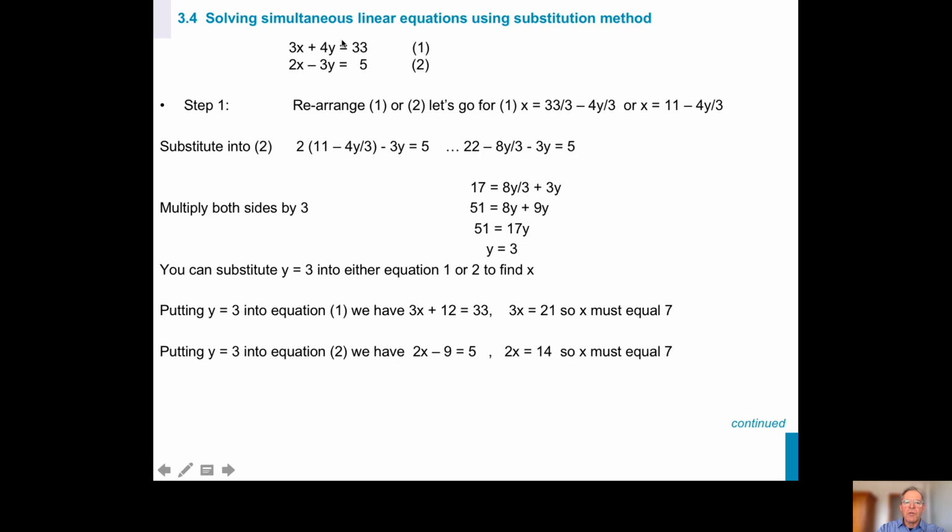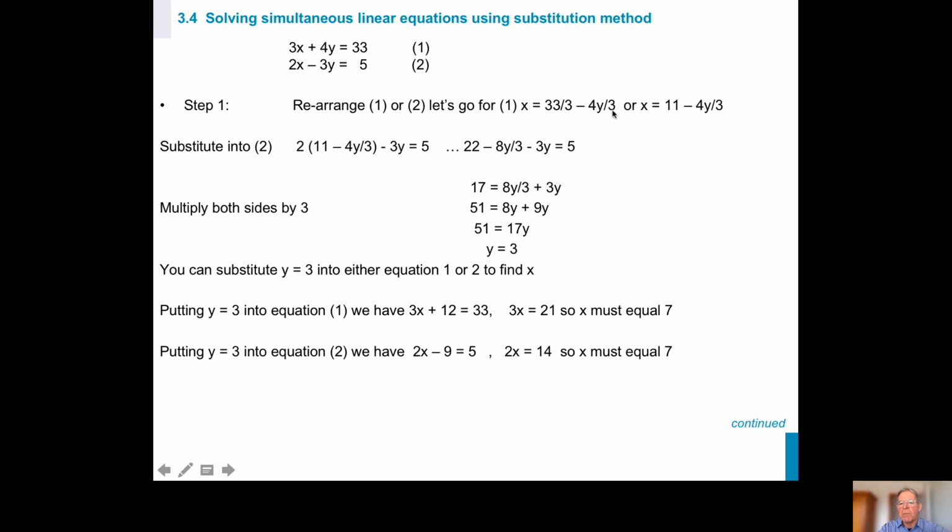So we're going to subtract 4y from this side, and we'll end up with 3x equals 33 minus 4y. Then we need to divide both sides by 3 to leave x alone. So x will be 33 divided by 3, minus 4y divided by 3.